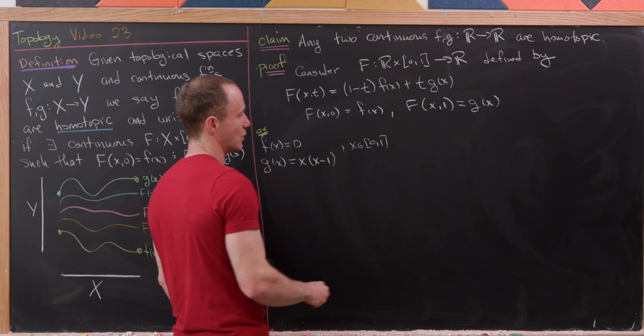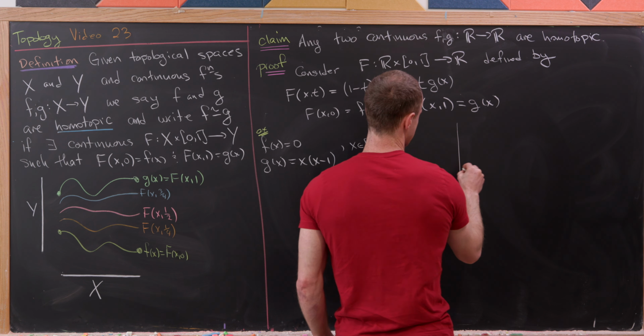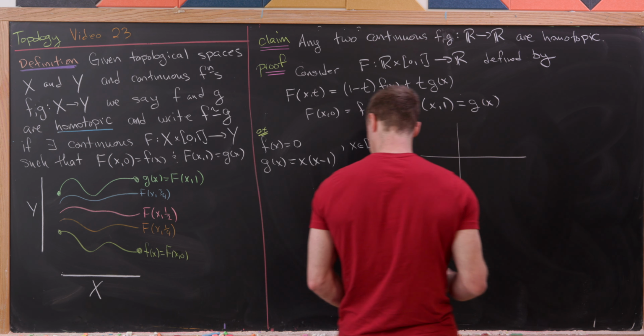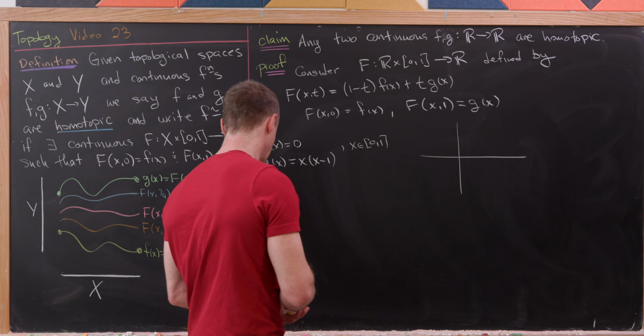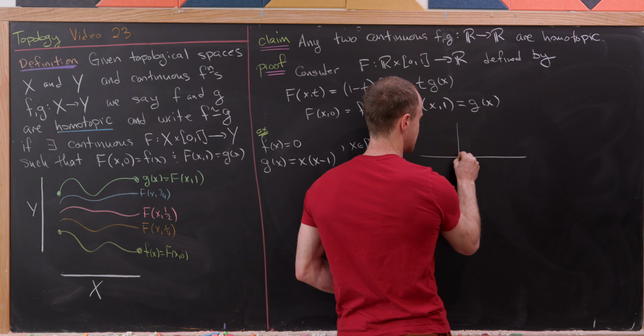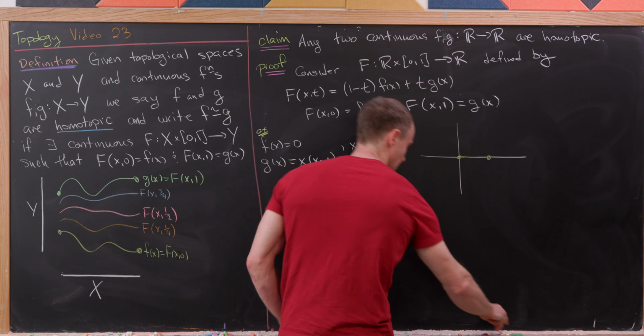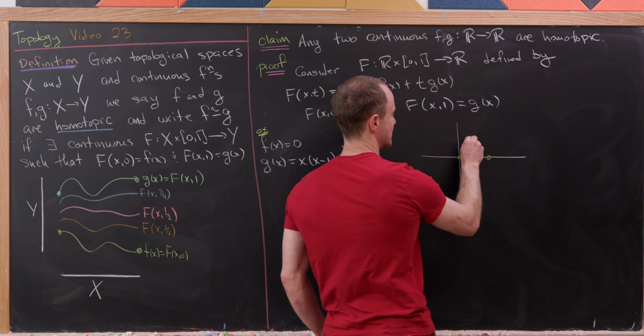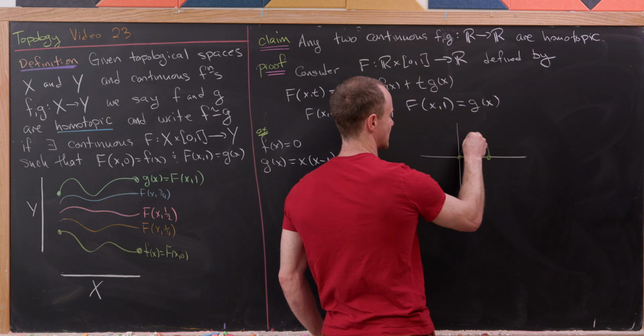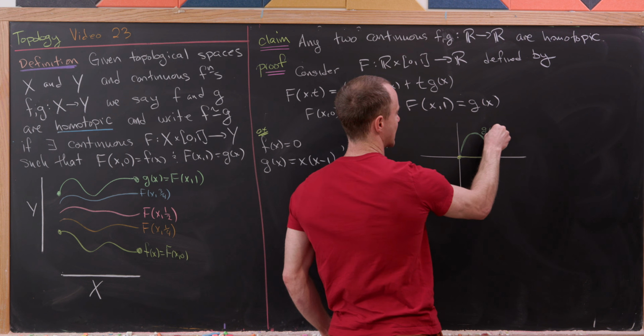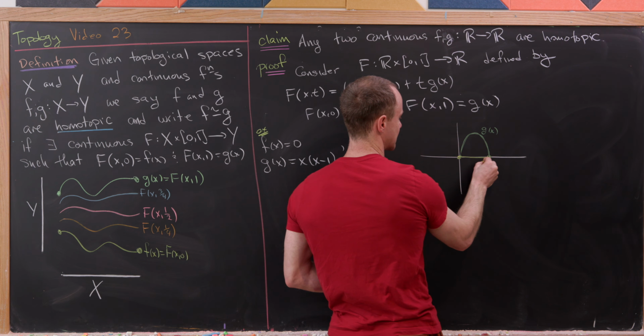Since we're only graphing over the unit interval, we only need to look at this, which is our copy of what f is doing, and then this, which is our copy of what g is doing. So there's our curve, f of x and g of x.